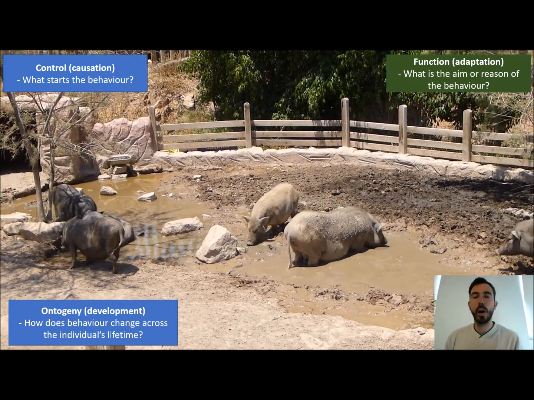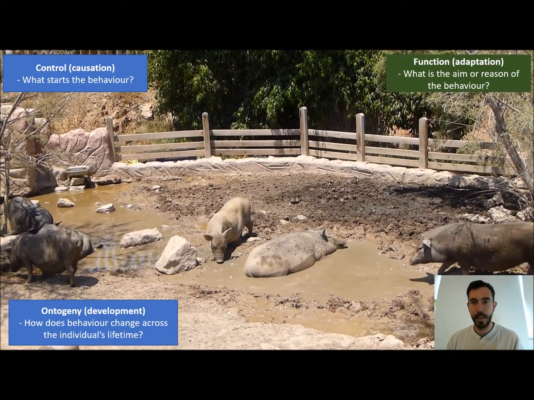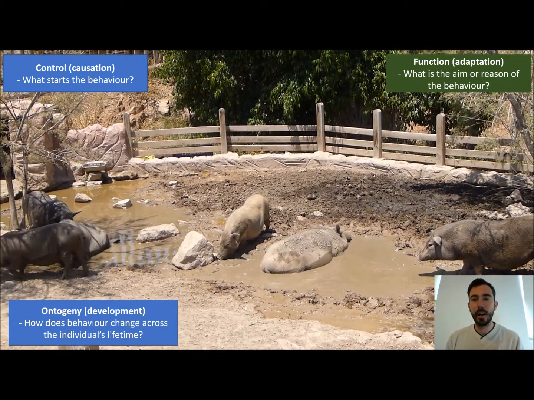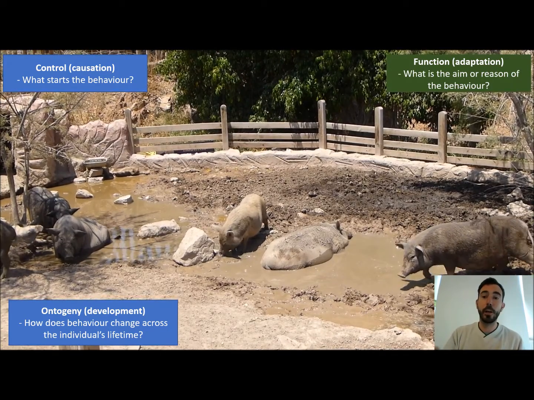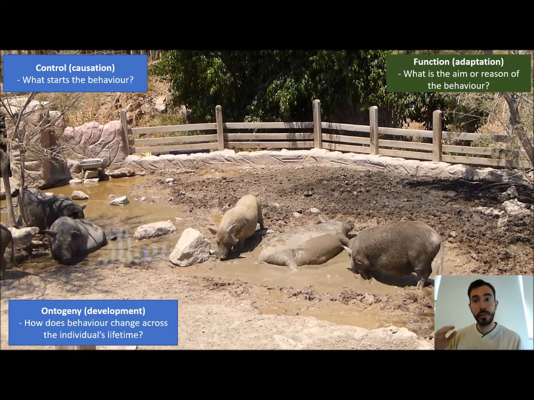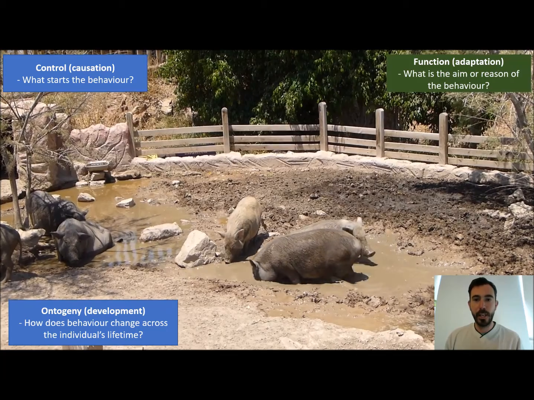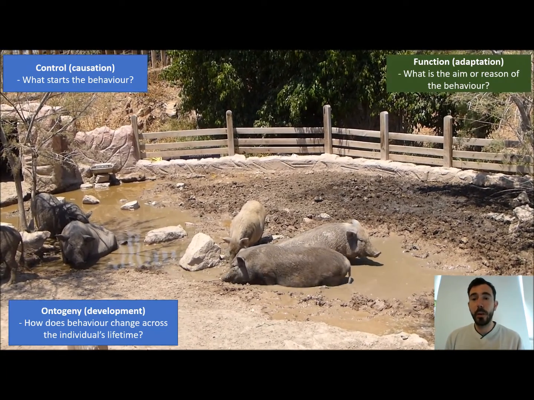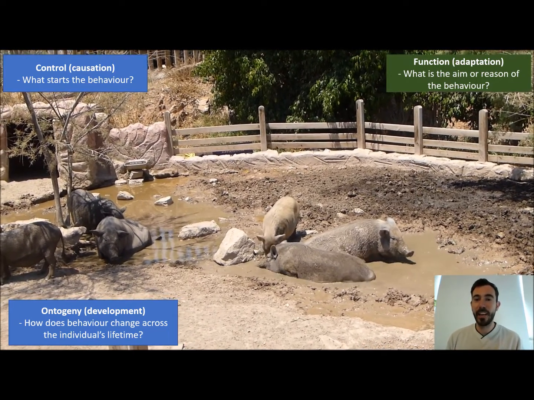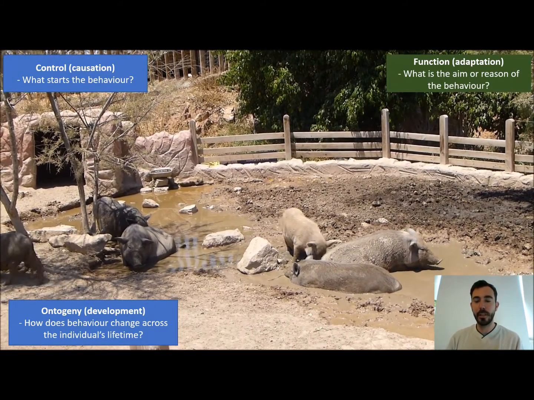The more effective you are at foraging, the more efficiently you find food, the more energy you save, and therefore the more energy you will have to spend time on a pleasurable activity like wallowing. So the function of wallowing keeps the pig cool, reduces its blood temperature, allows it to cope with any heat exchange, and it's also a way that the pig calms down, relieves stress, and interacts with others. So one type of behaviour can have many functions to the individual.